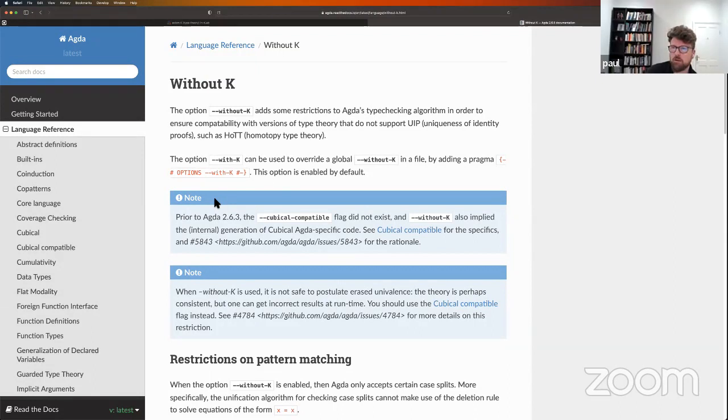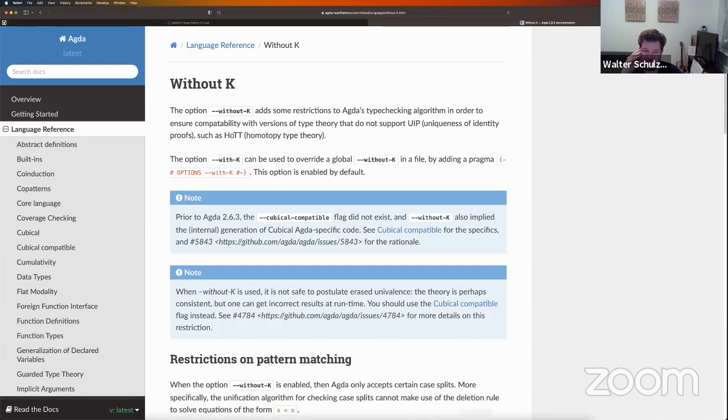Okay. They also mentioned this in the Zulip thread, UIP a lot, and I was like, what is this? Yeah. Please explain. I mean, for the regex stuff, do we not have uniqueness of identity proofs for the regex stuff?